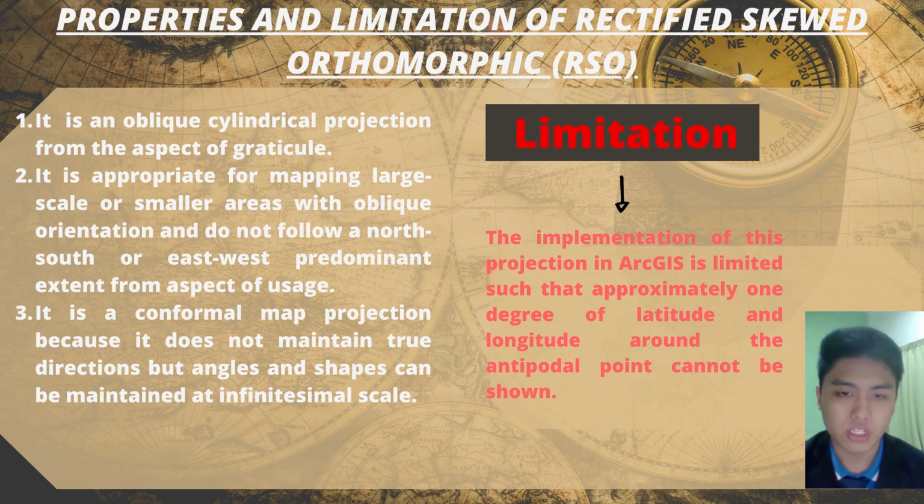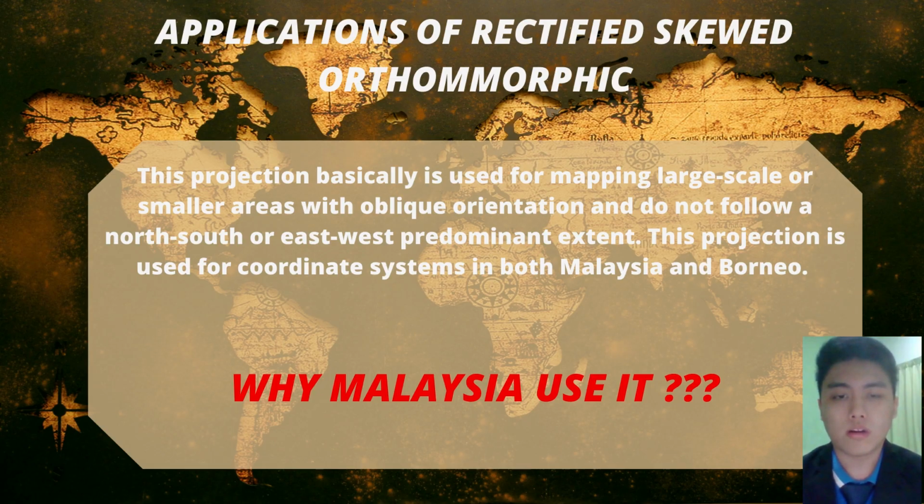However, this projection has a limitation: its implementation in ArcGIS is limited such that approximately 1 degree of latitude and longitude around the antipodal point cannot be shown. When using ellipsoids, constant scale along the central line or along straight lines parallel to the central line is not maintained.